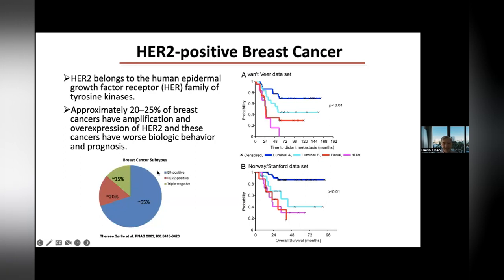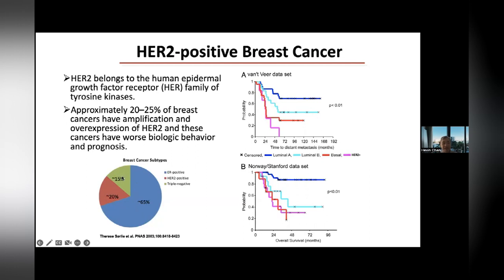Breast cancer can generally be divided, based on cell markers, into three major groups. The ER-positive is hormone-positive breast cancer, sometimes called luminal A or luminal B cells. And then there is HER2-positive breast cancer, with HER2 overexpression.